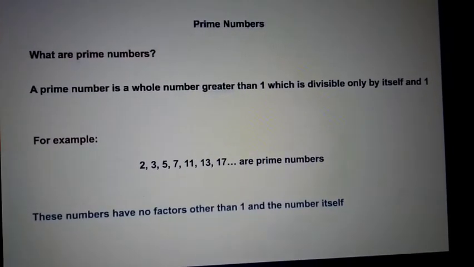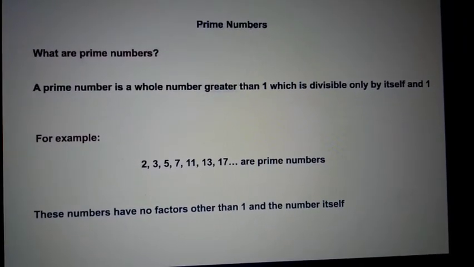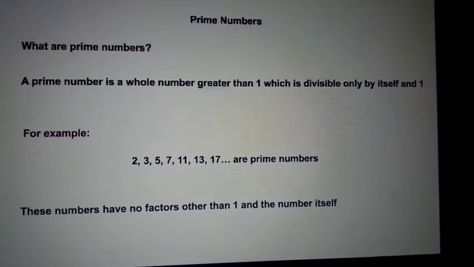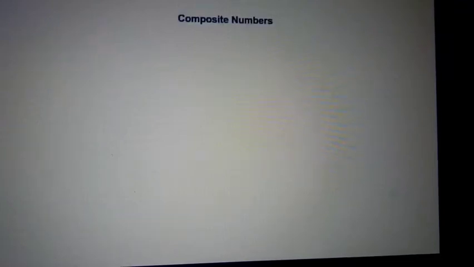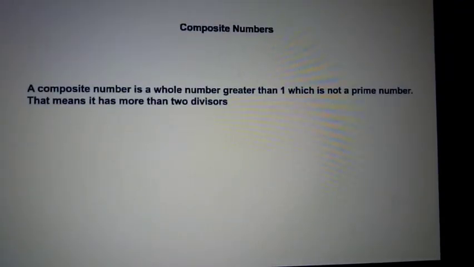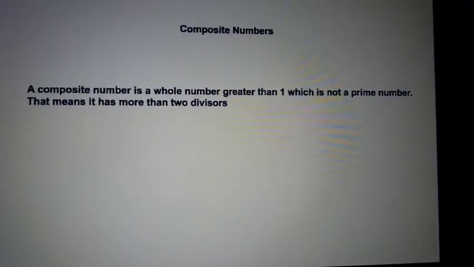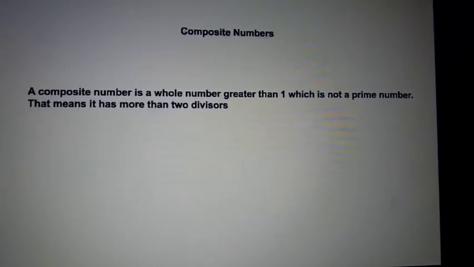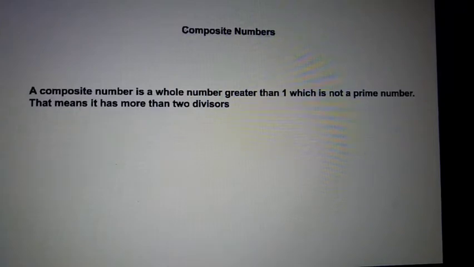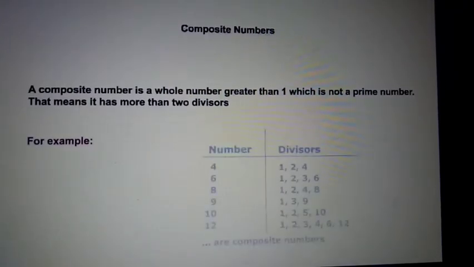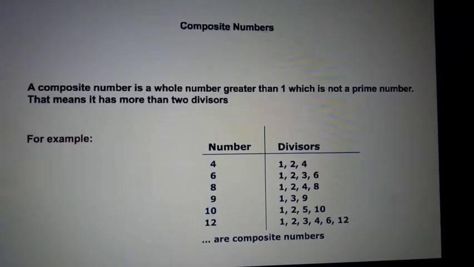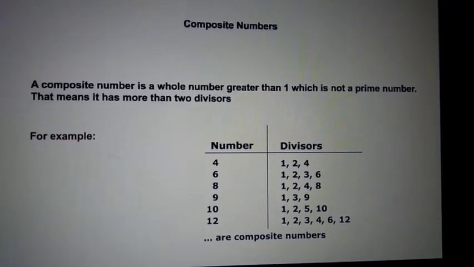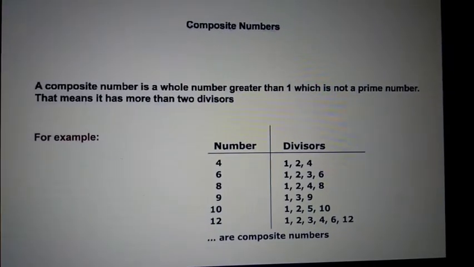These numbers have no factors other than 1 and the number itself. A composite number is a whole number greater than 1, which is not a prime. That means it has more than 2 divisors. For example, 4, 6, 8, 9, 10, 12, and so on are composite numbers.